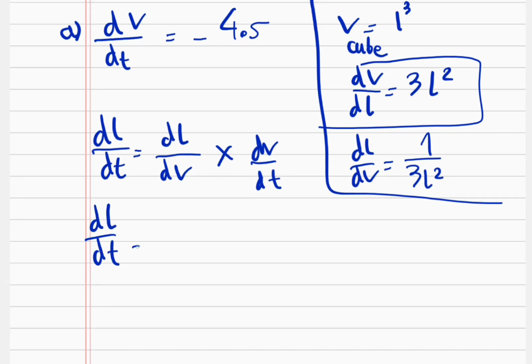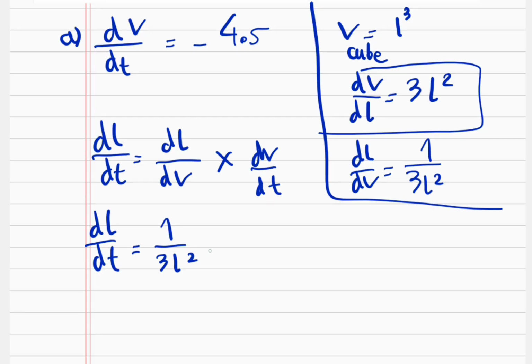So dL/dt is equal to 1 over 3L squared times minus 4.5.